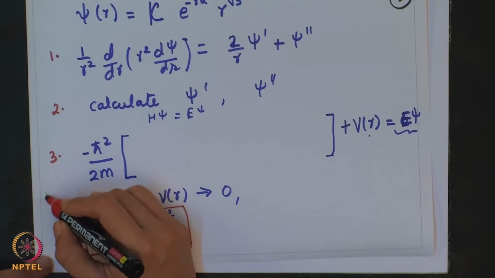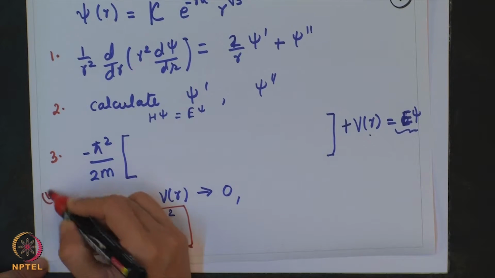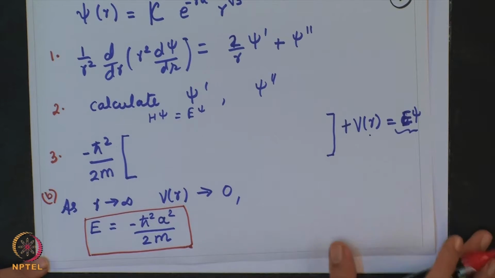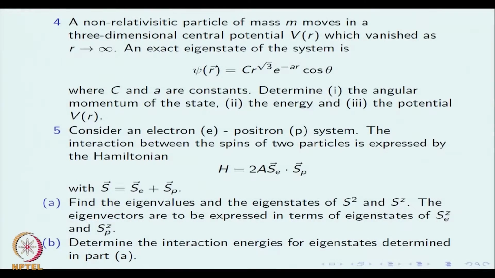So, this was part B of problem 4, and in the last part of the problem you are asked to find the potential V of r. You do not even require a hint for this.